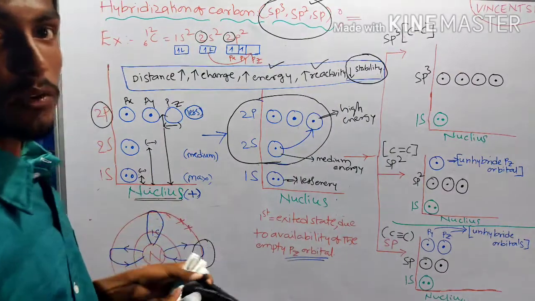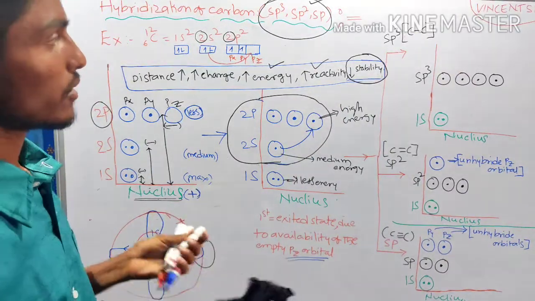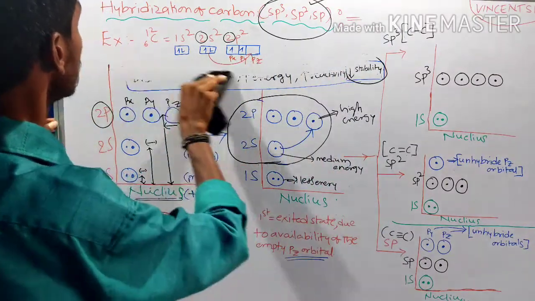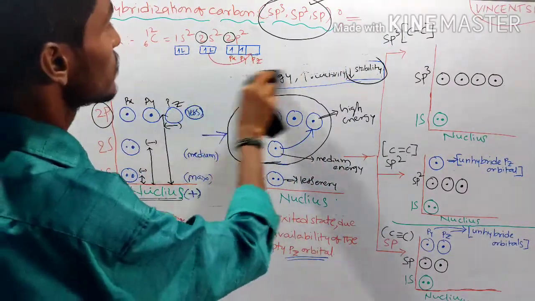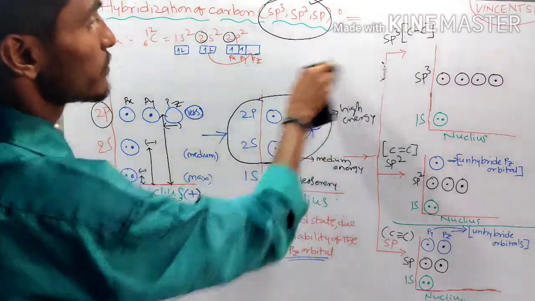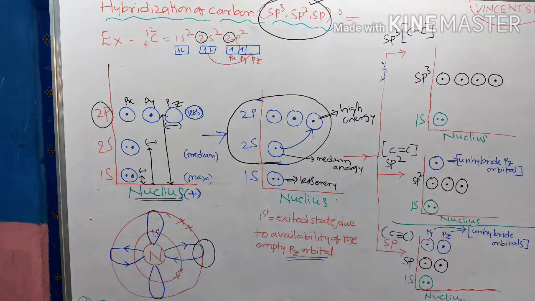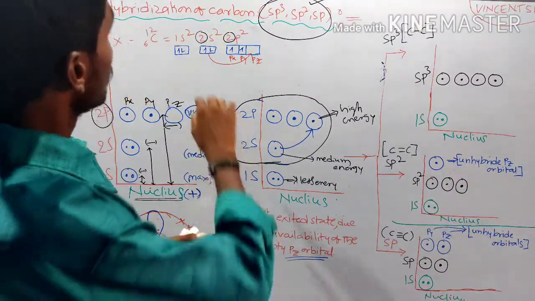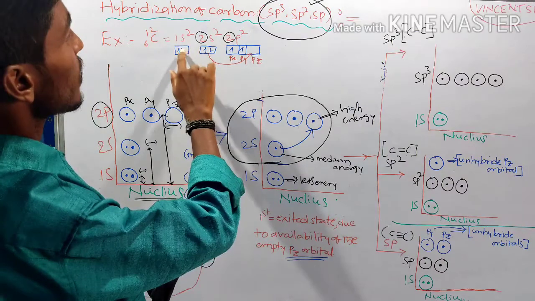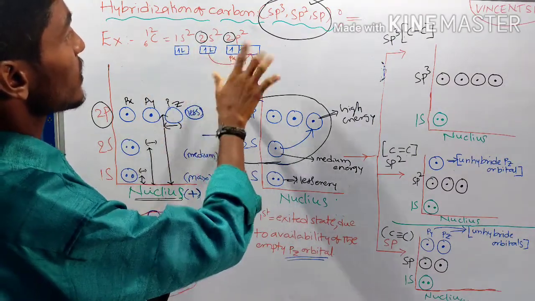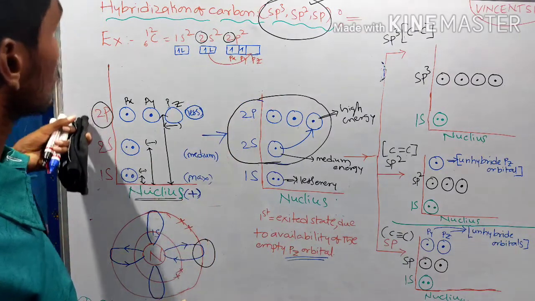Now you take the hybridization of carbon. The carbon electronic configuration is 1s2, 2s2, 2p2. And then, how is the hybridization state?